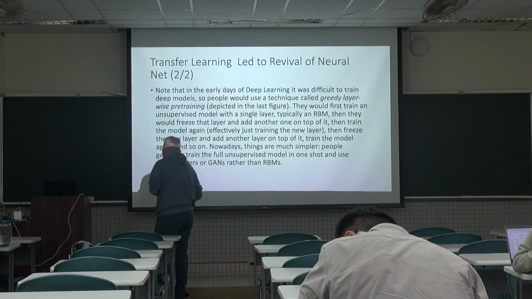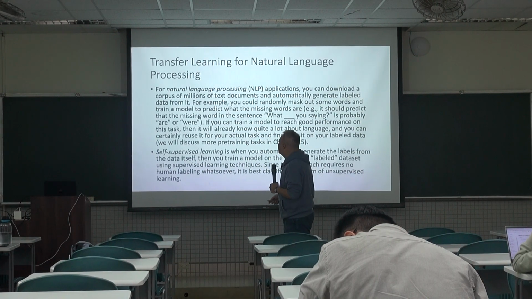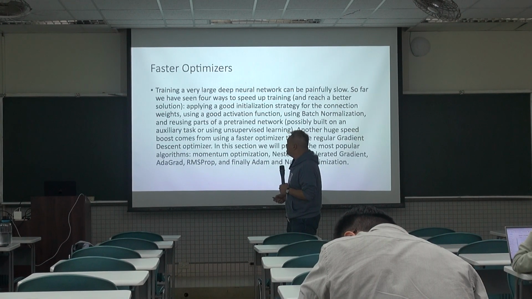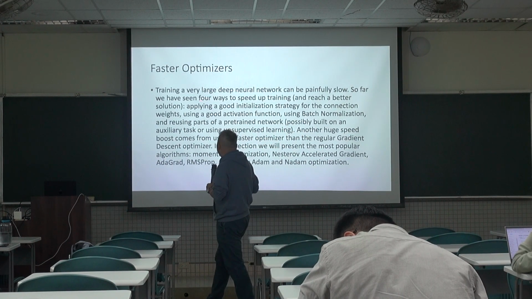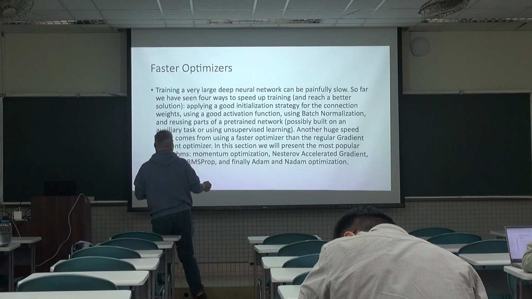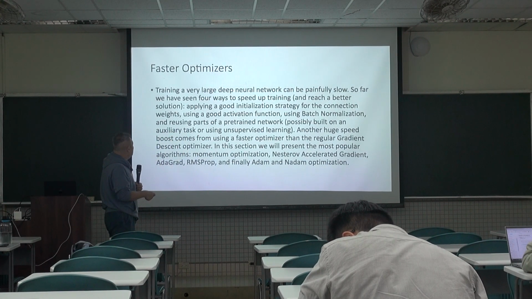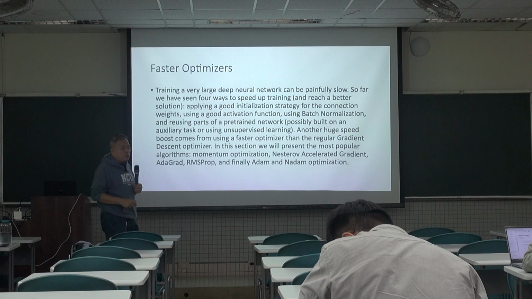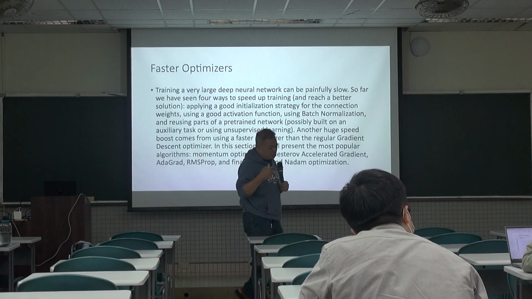So how about speeding up the training process? Training a large neural network can be very slow. Previously we already talked about a couple of ways to increase the training speed.